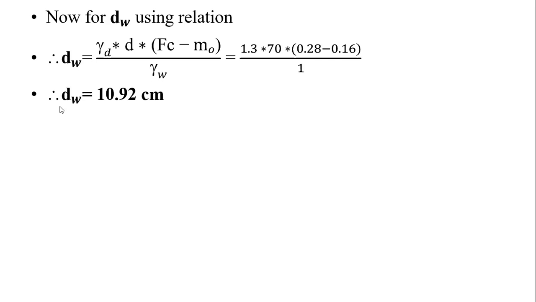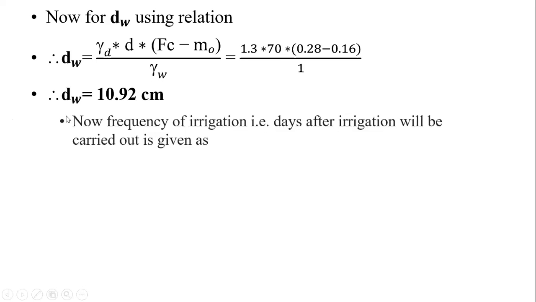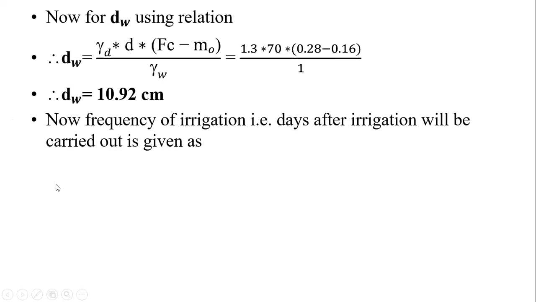Then from this dw we have to find the frequency of irrigation, that is after how many days we have to irrigate. The frequency of irrigation, the number of days after which irrigation will be carried out, is equal to dw by the consumptive use.